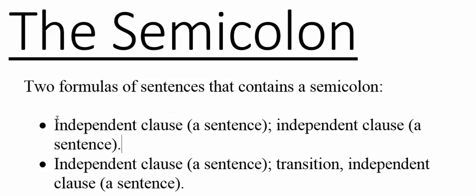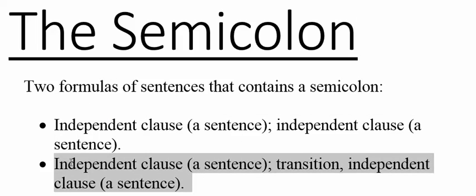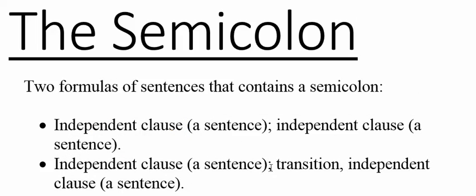The difference between this sentence and this sentence right here is that this one begins with a small case letter. The exception would be if this happened to be a proper noun. So what's the difference between this one and this? Well, the difference is this one has a transition, a word like however, nevertheless, furthermore.